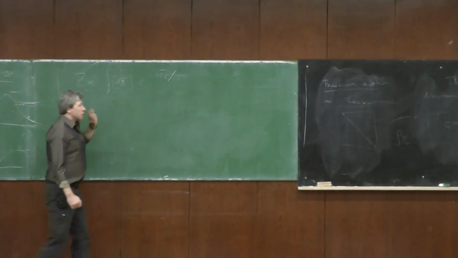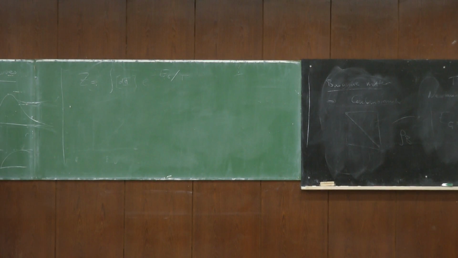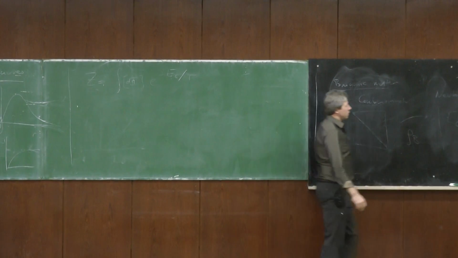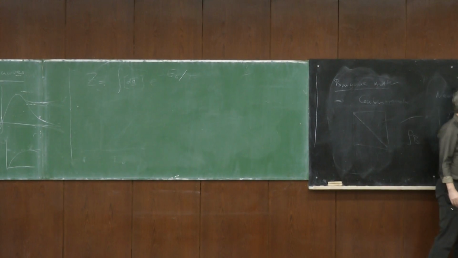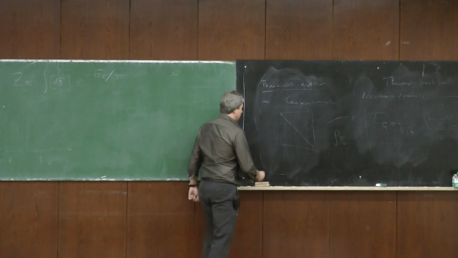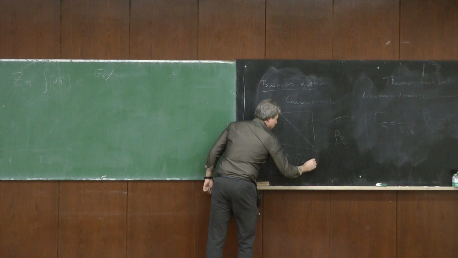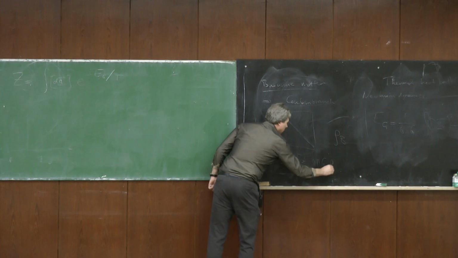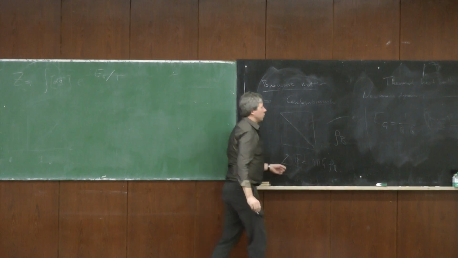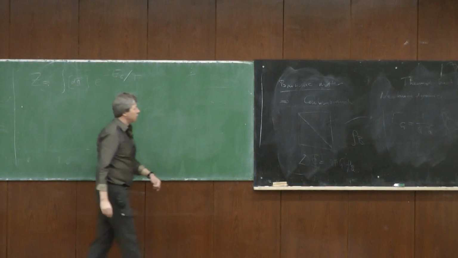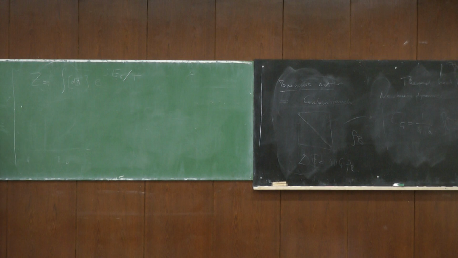So I'm going to calculate this. Now, it's clear that if you do a minimization of this energy with respect to phi, you get the usual Poisson equation, namely there's a 4 pi G rho b. This is just the equation of motion that you would get from minimizing that energy functional.